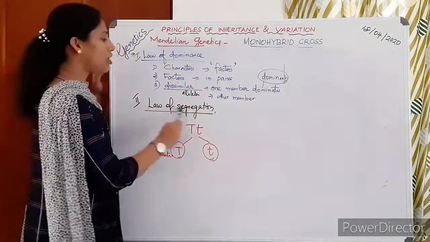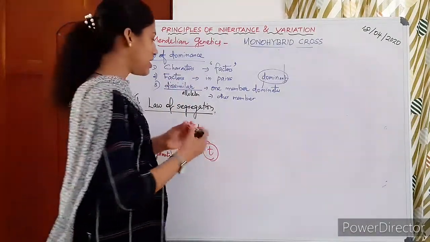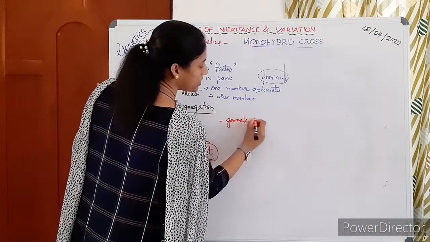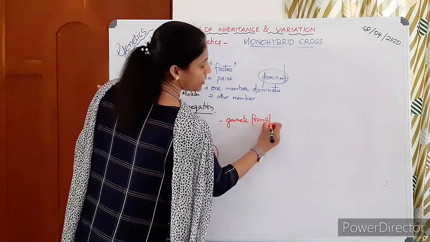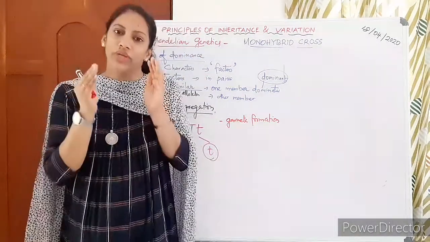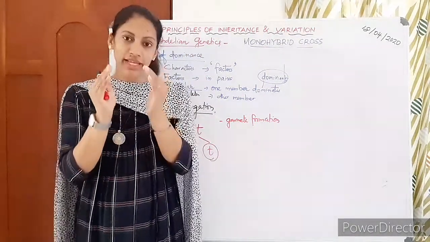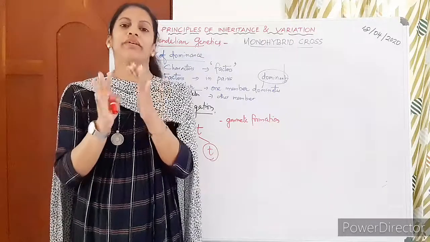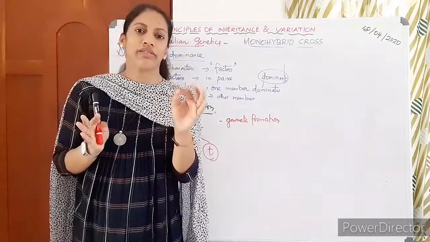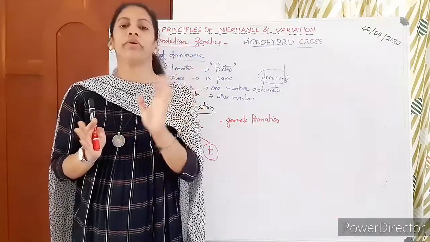Okay, so the law of segregation is related to gamete formation, so the statement should start with "during gamete formation." The law of segregation states that during gamete formation, the allelic pair, the factor pair, segregates, separates, so that gametes receive only one of the members.